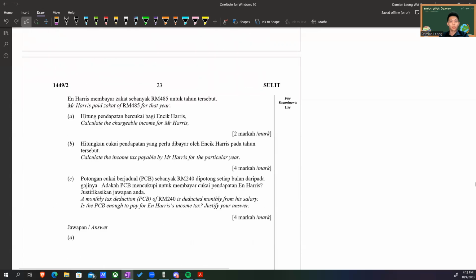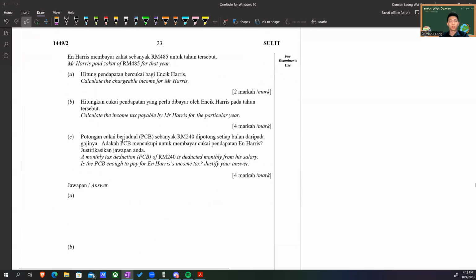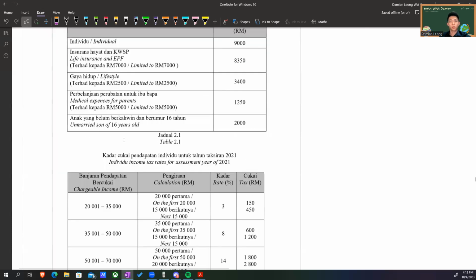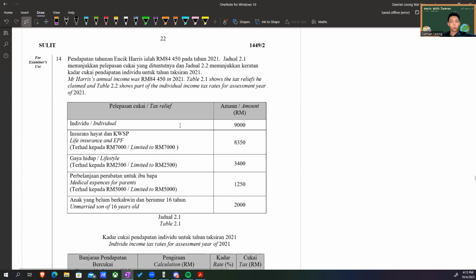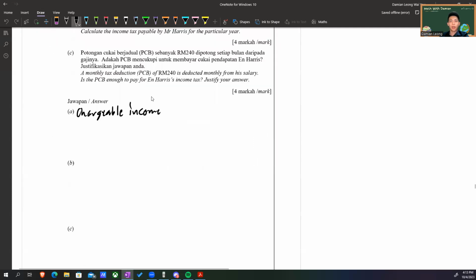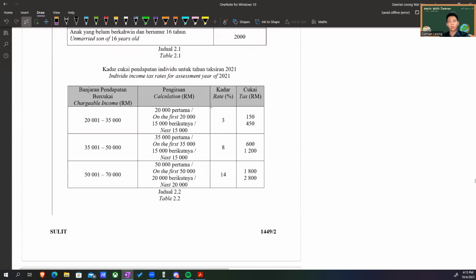What I want to find here is the chargeable income for Mr. Harris. This is the tax relief, this is the annual income. So the annual income, 84,450, minus all the tax relief.